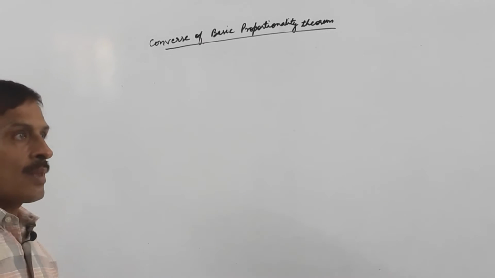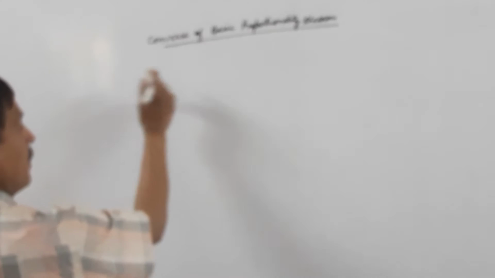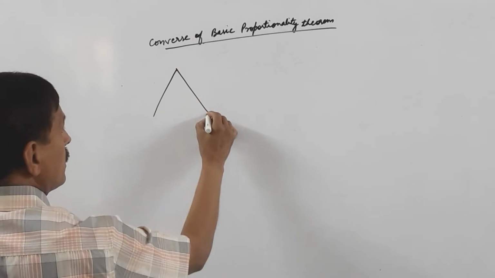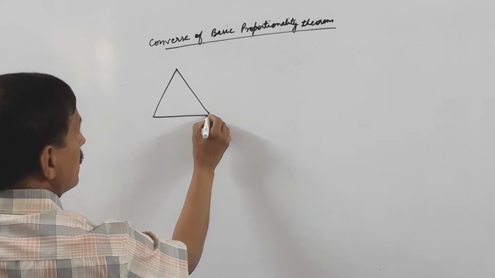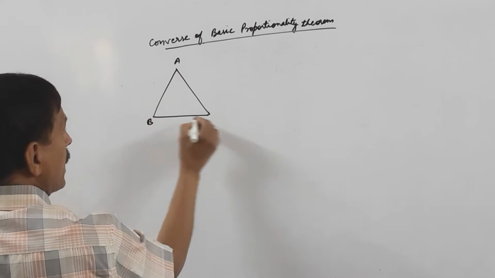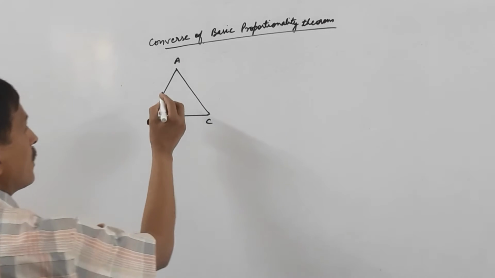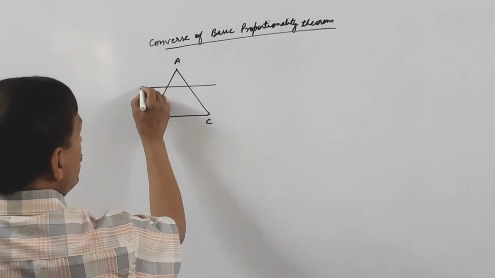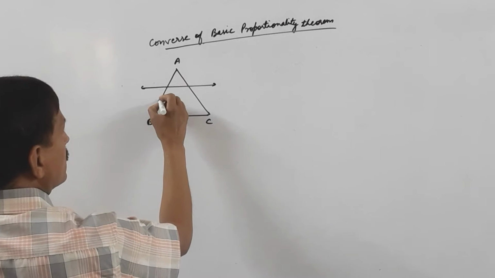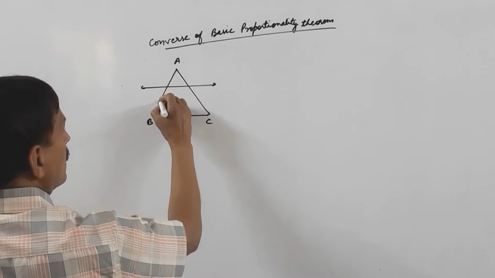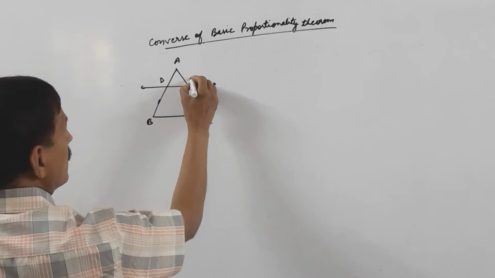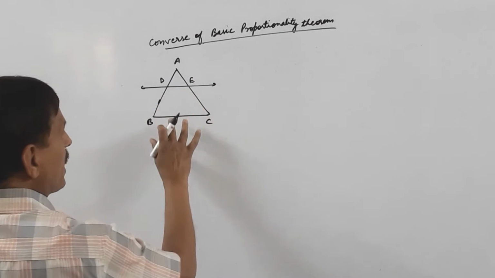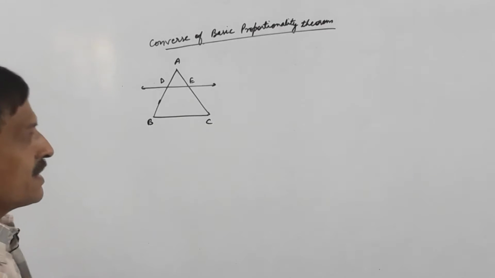That is, in a triangle, say triangle ABC, if a line divides the other two sides in the same ratio, then this line is parallel to the third side.